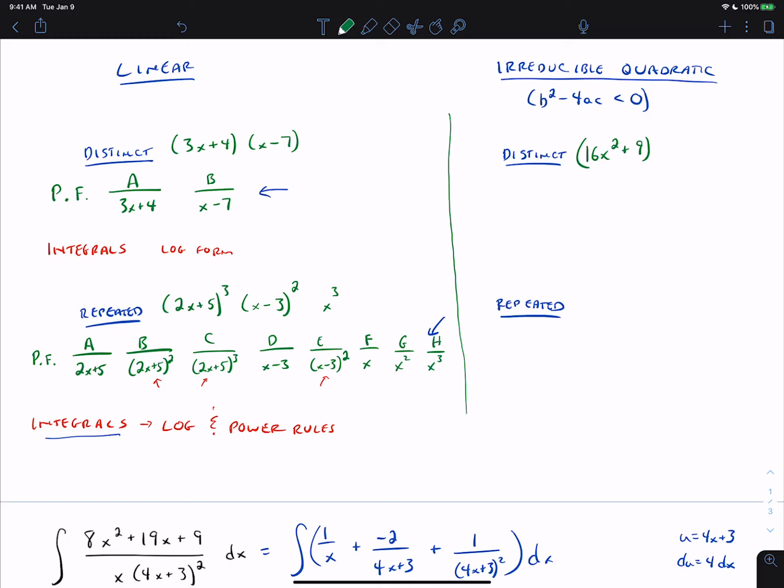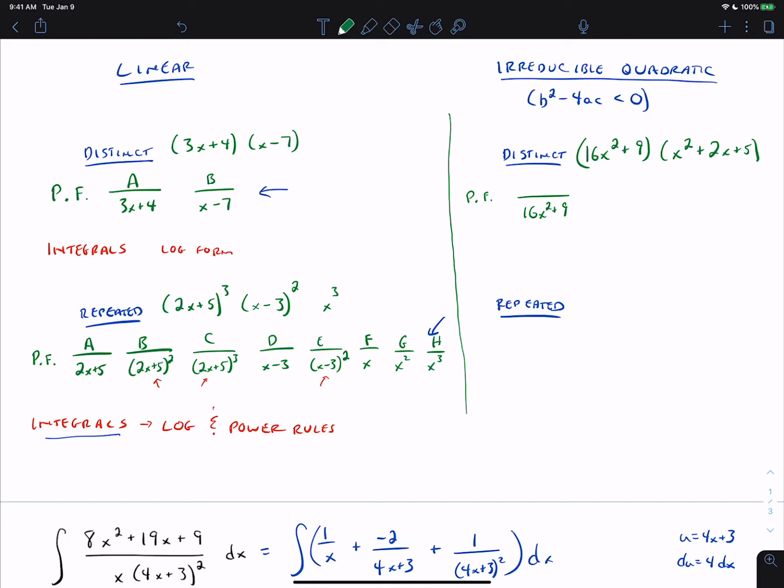But if I had 16x squared plus 9, or if I had x squared plus 2x plus 5. Okay, so on the partial fractions decomposition, what we do is each one gets its own fraction, but because it doesn't factor at all, the denominator has degree 2.